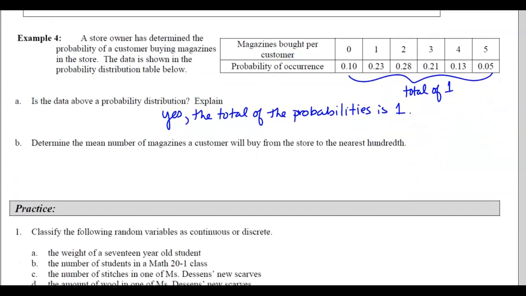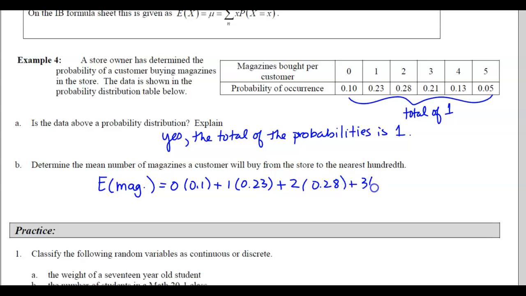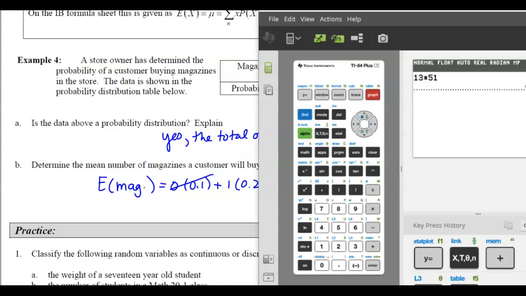Determine the mean number of magazines a customer will buy from the store, to the nearest 100th. So that's going to be 0 plus 0.23. Just get a calculator.